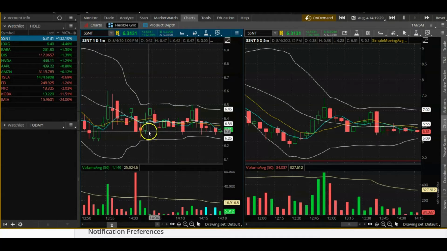So if you look at my previous video on Bollinger Bands, you will know that what I'm looking for is for this price action to hit the bottom, or as close as possible to the bottom, of the Bollinger Band.